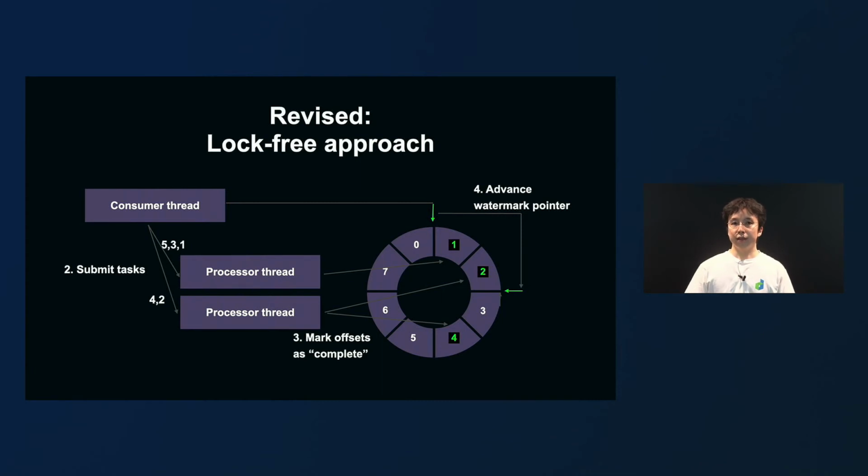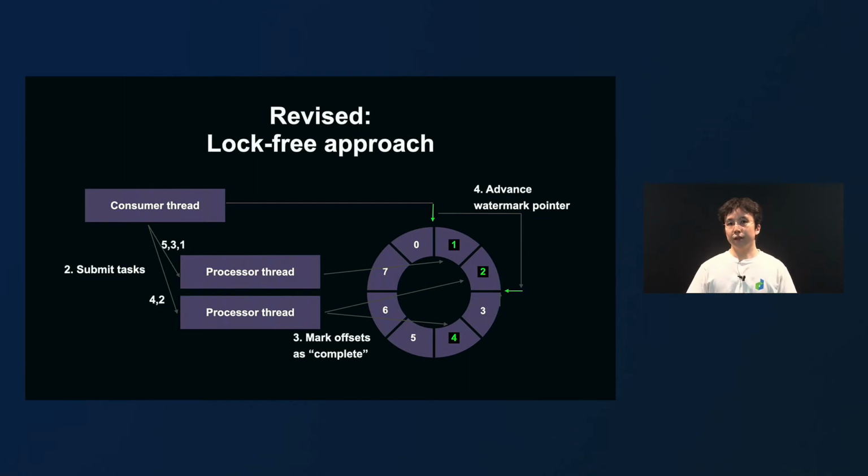Next, the consumer thread throws the task to each processor thread, which will mark the buffer's element corresponding to its offset as complete when the process is complete. Then, in the consumer thread, we advance the watermark as long as it is completed.